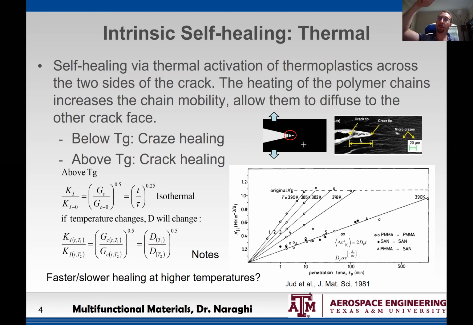They can still span the whole gap between the two sides of the crack. But these other regions are truly traction-free, while this region is not traction-free. What we call the region that has the polymer chains spanning the gap is the craze. The rest of it is actually the crack.